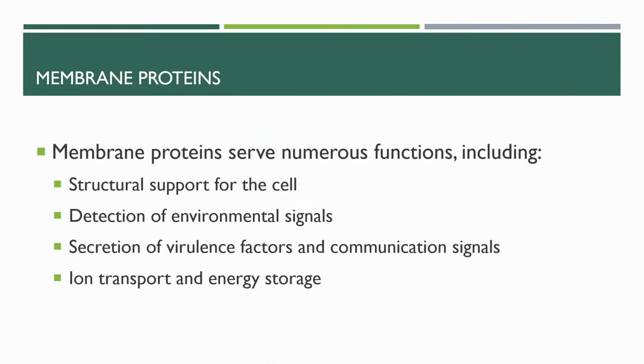Okay. So membrane proteins have a lot of different functions. They help with structural support for the cell, help with detecting environmental signals, secreting different virulence factors if they're trying to keep something away, and communication signals, ion transport, energy storage. So these are some of the functions that these proteins have.